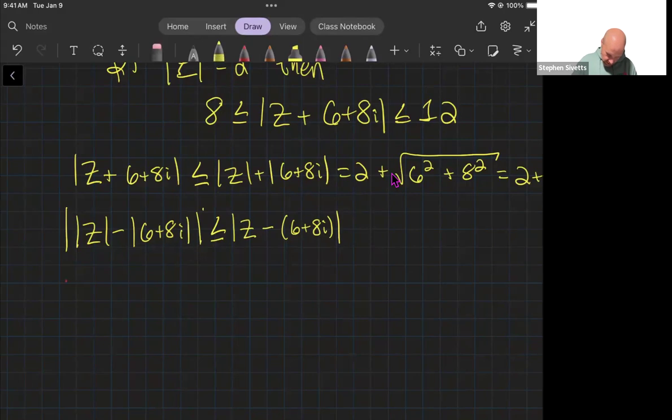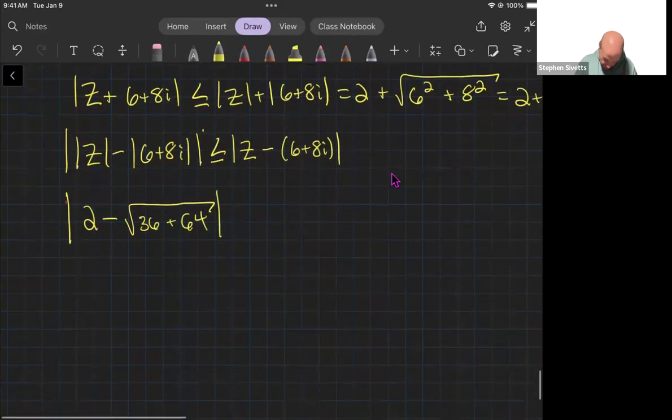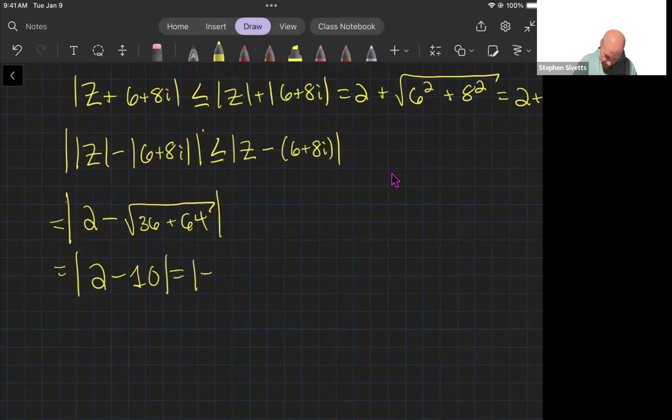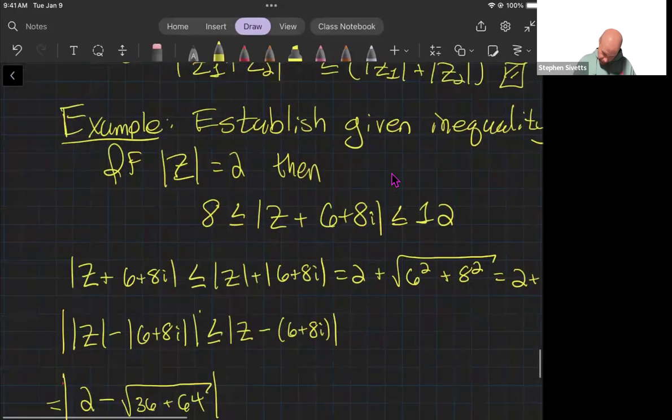This lower bound would equal the modulus of 2 minus the square root of 36 plus 64, 6 squared plus 8 squared. So that is equal to the modulus of 2 minus 10, which is the absolute value of minus 8, which is 8. So that's how you get the lower bound, and that is what we wanted to show. I hope that made sense.